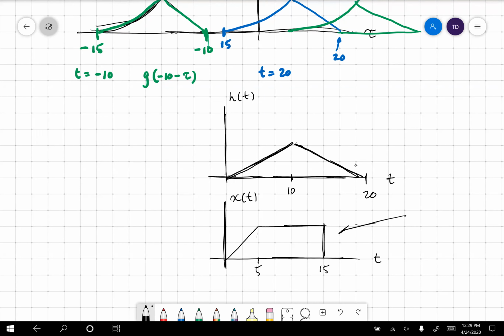Okay, this is going into the system. It's the input. Which part of this function does the system see first? Does it see this end here, or does it see this end here first?